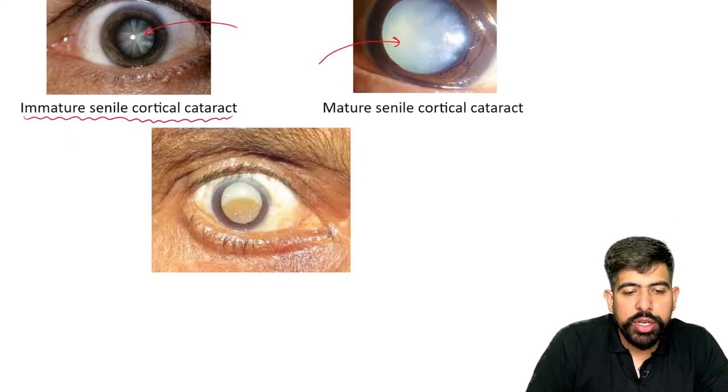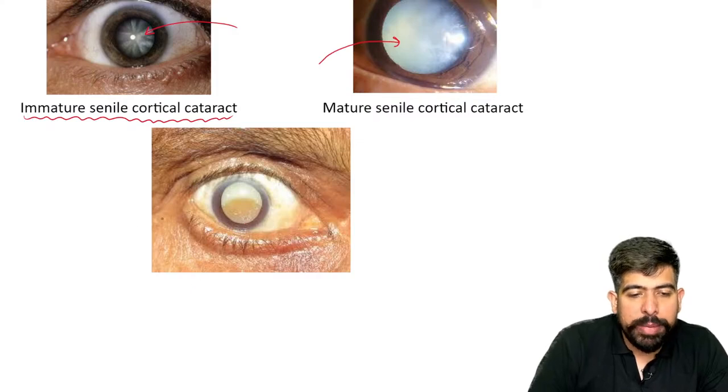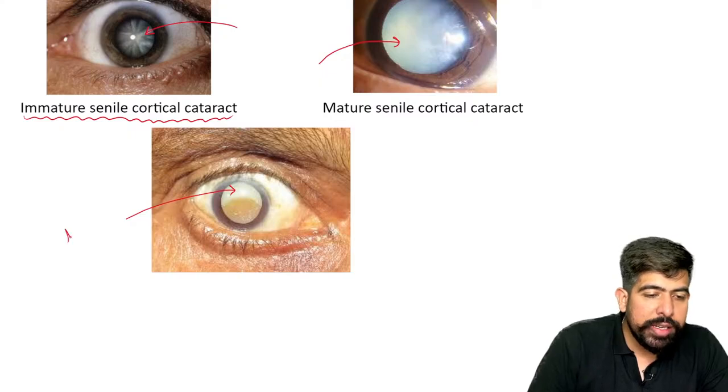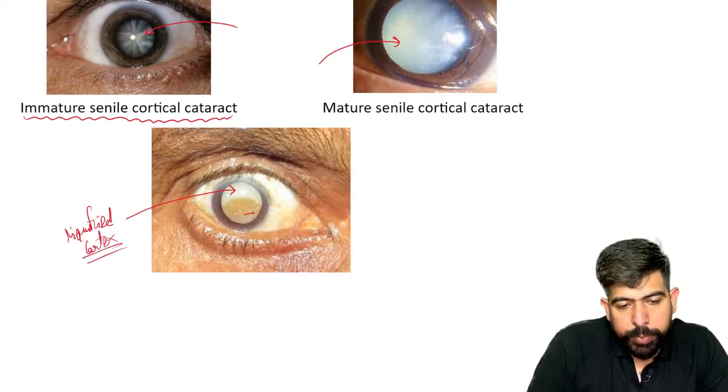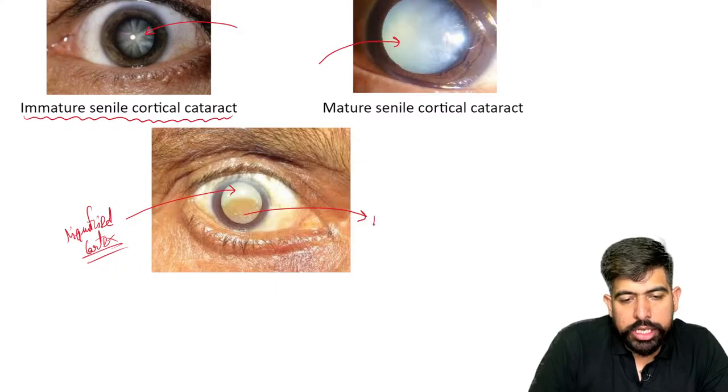And the last one, the hypermature: you can see over here this is the liquefied cortex, and this brown one is the nucleus, or we can say the sunken nucleus.